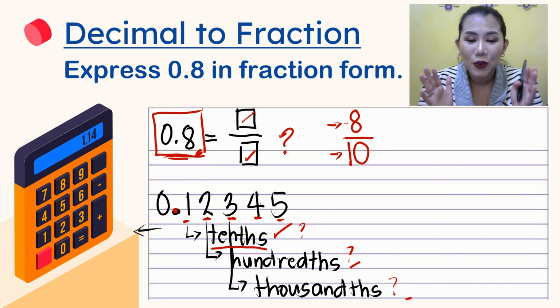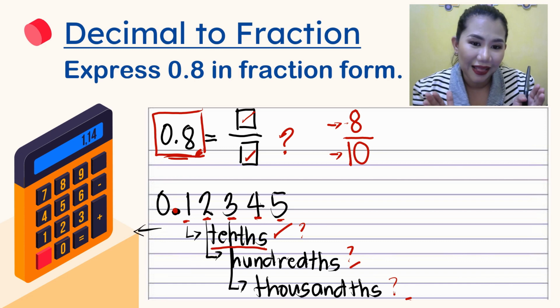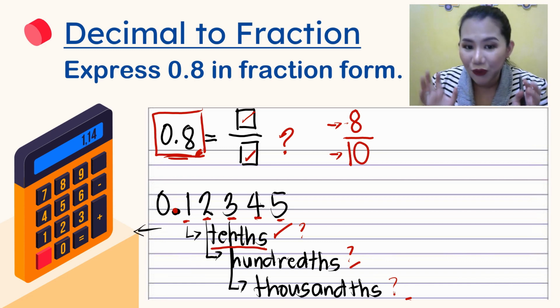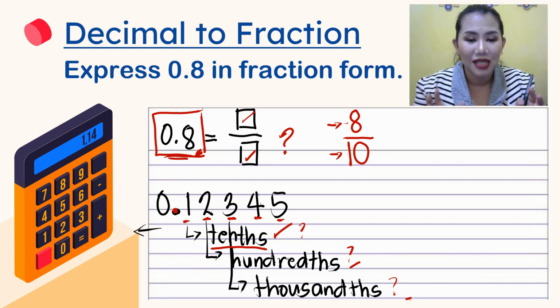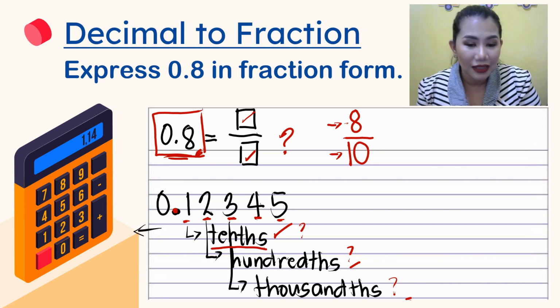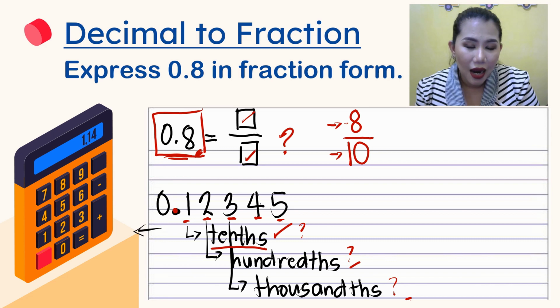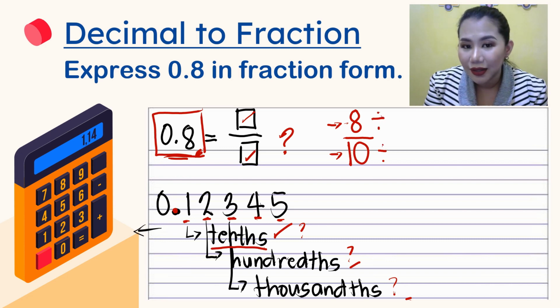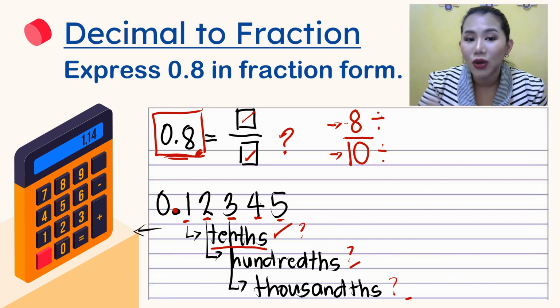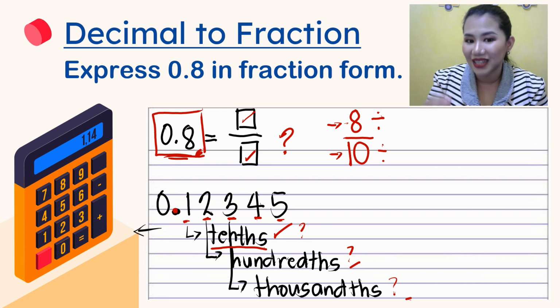Kaya lang, yung sagot mo na 8 out of 10 or 8 tenths is not yet final. Why is it not yet final? It's because, as you can see, 8 here and 10 here can be still simplified. What does it mean by simplified? You can still get the lowest fraction form of 8 out of 10.